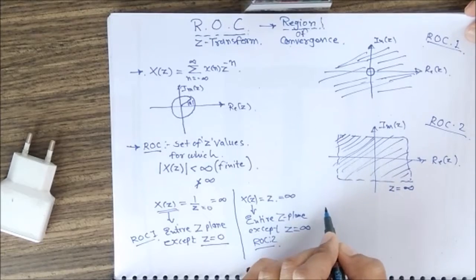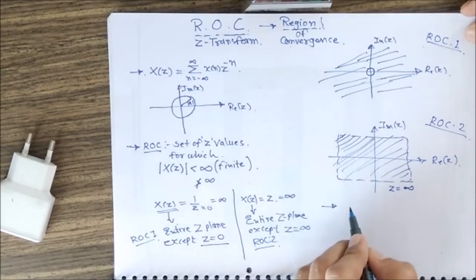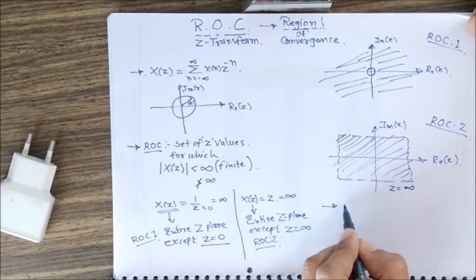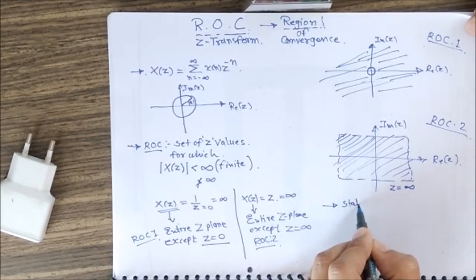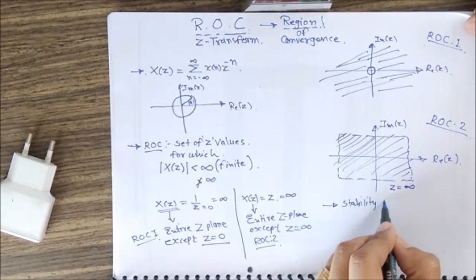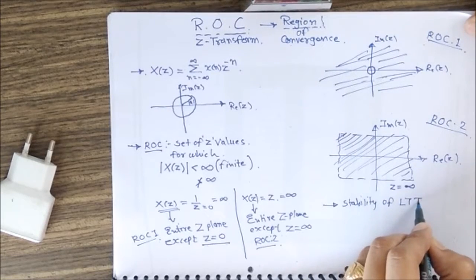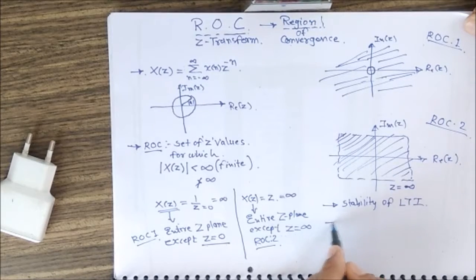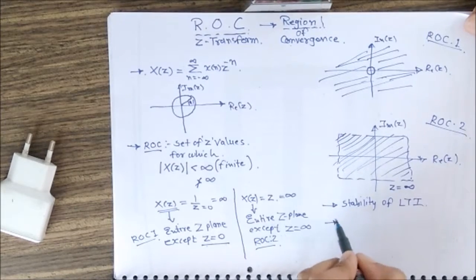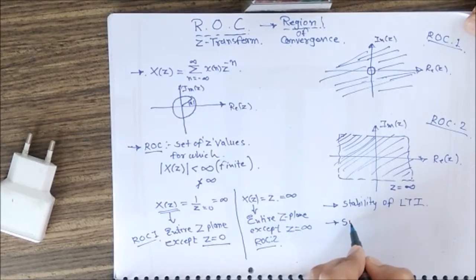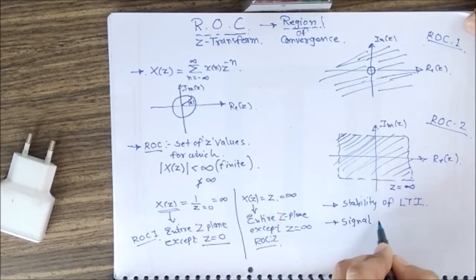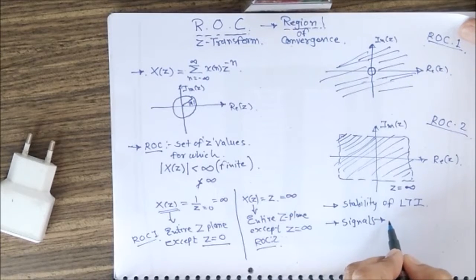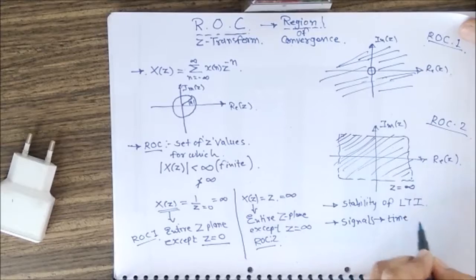So what is the significance of ROC? The very first is that ROC can comment on the stability of an LTI system when the LTI system is under analysis. Secondly, we can also comment on signals, the signal representation or the scope of the signal in time domain.